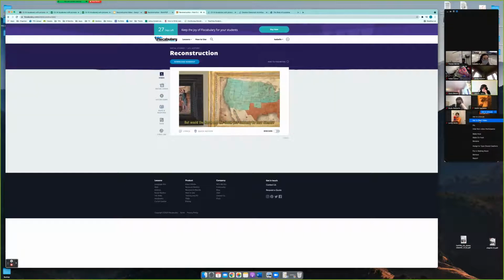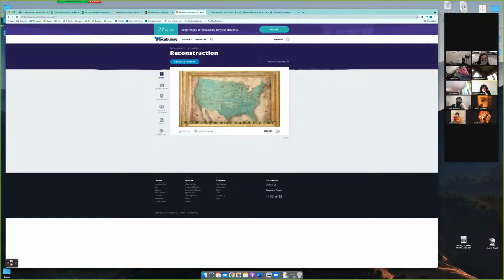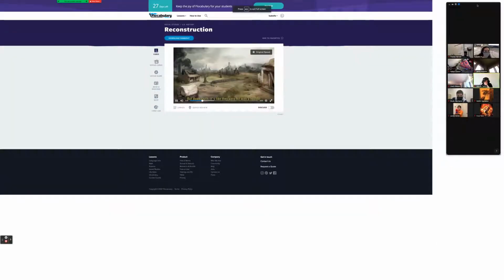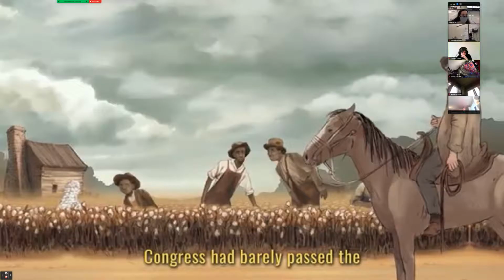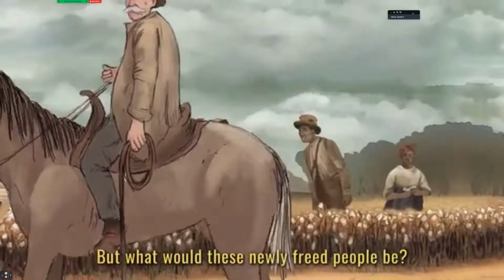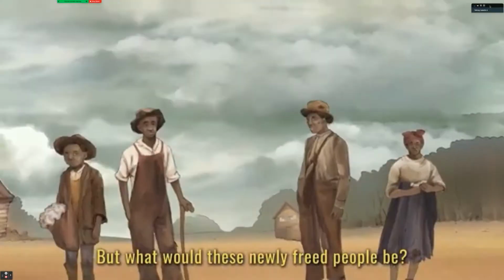But would the North and the South just suddenly be best friends? 1865, the war may have been over, but down south it's like they were hit with a boulder. Congress had barely passed the 13th Amendment to the United States Constitution, which legally abolished slavery. But what will these newly free people be?